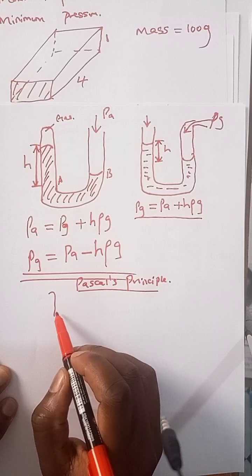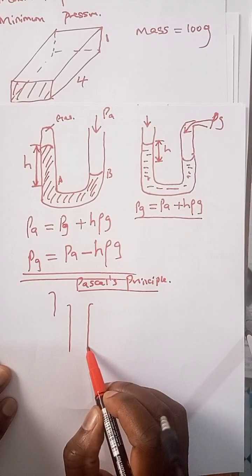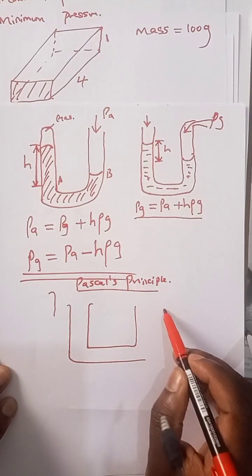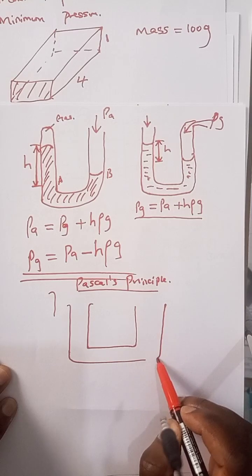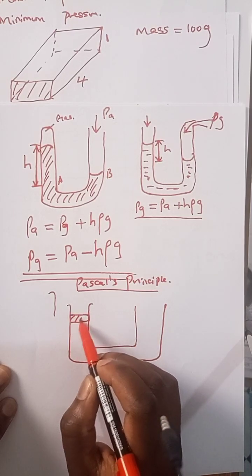So in that case, we normally have two limbs, whereby one is narrower than the other one, and then we have one part where force is applied.